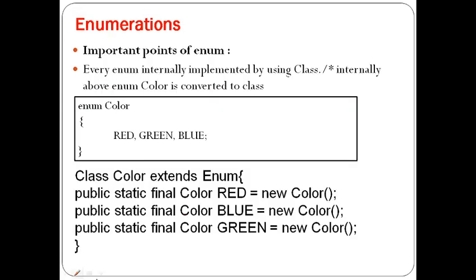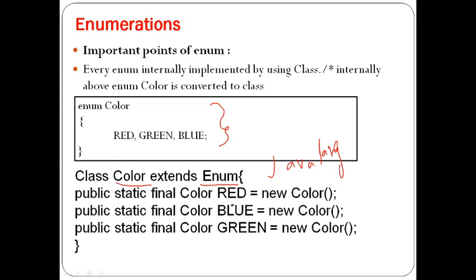When I have written enum Color here, internally the Java compiler is creating a class called Color, and it is extending a class called Enum. In the default package java.lang, we have a special class called Enum, which is used to create this kind of named constants. So my Color class extends Enum.